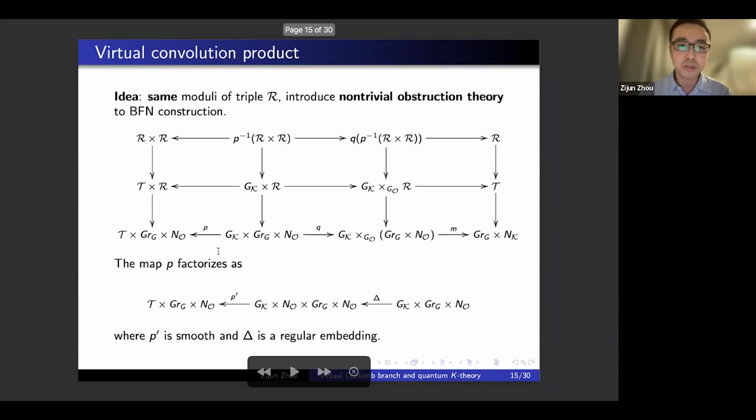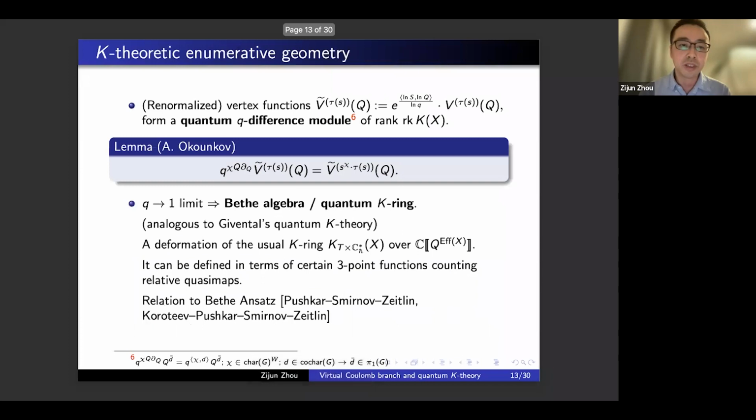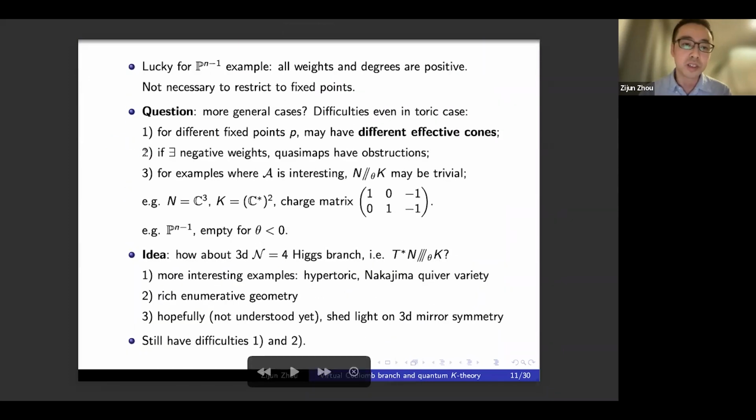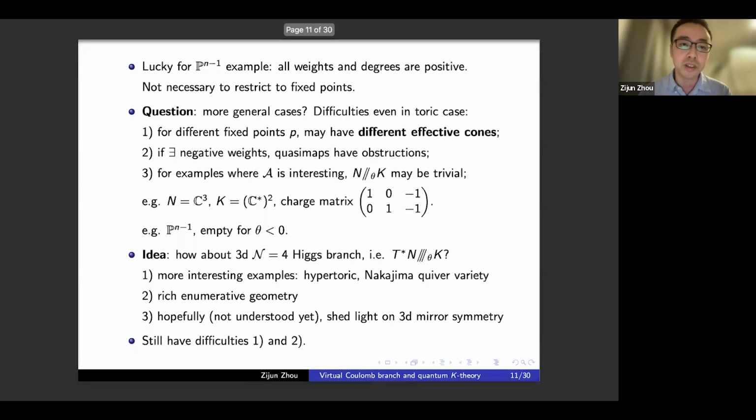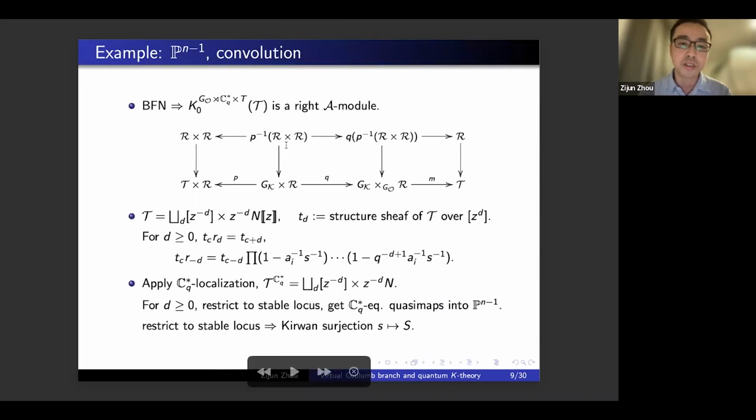So this is what we can learn from this enumerative geometry part. The idea here is that, as in this second difficulty, quasi maps may have obstructions. Because quasi maps have obstructions, in this action of the Coulomb branch on the moduli space of quasi maps, we may have to also introduce an obstruction theory in this Coulomb branch.